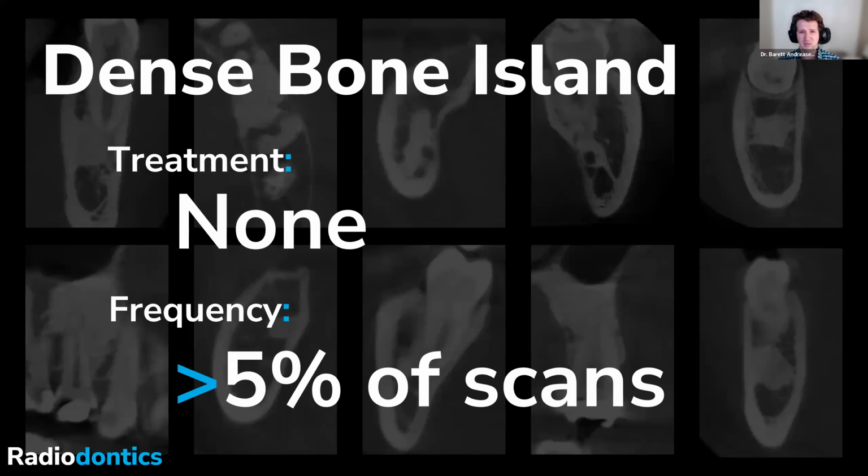It does become a problem sometimes when we're trying to do ortho treatment, like we saw in the earlier patient. It's very dense bone, so it makes moving teeth much more difficult through those areas. It can also be a little bit complicated with implant planning. If you have these massive areas of cortical bone that you're trying to put an implant into, you've got to imagine that you're going to run into a lot more resistance.